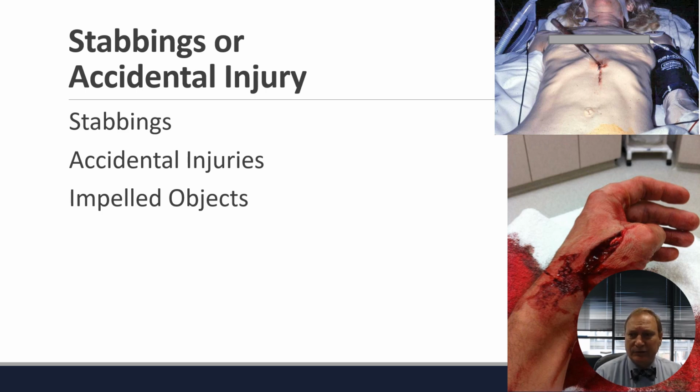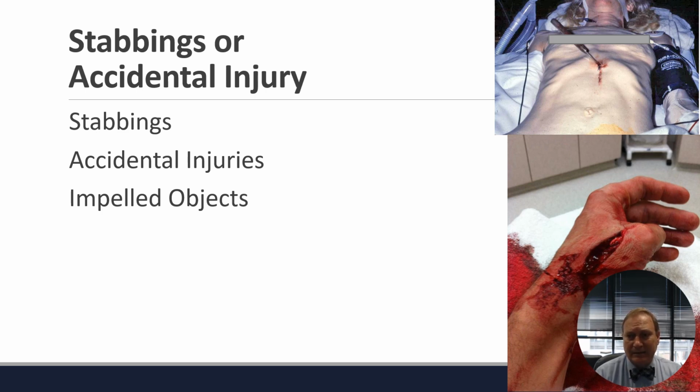Stabbing or accidental injury, you know, so the patient in the upper right corner, I've actually seen a couple of those patients. Again, the intent when someone stabs someone just below the sternum, the little tip below the sternum, the xiphoid process, they're typically going for the heart. They're typically trying to kill someone.